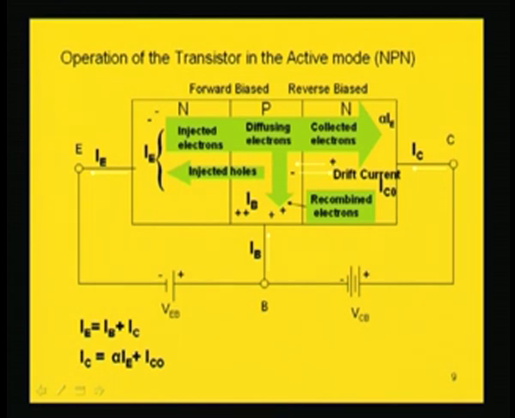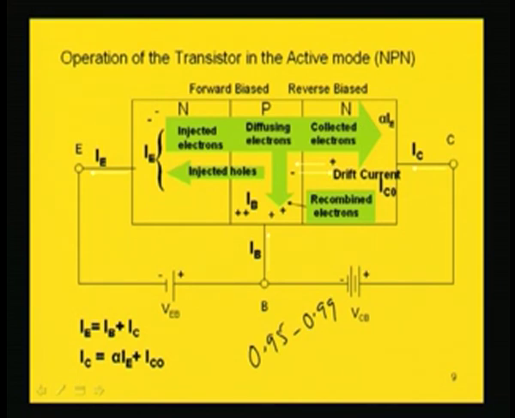So, 95%, that is 0.95 to 0.99, can be a practical value of alpha. So, if we consider that 5% recombination is occurring in the base region, then 95% of the electrons will be reaching the collector.